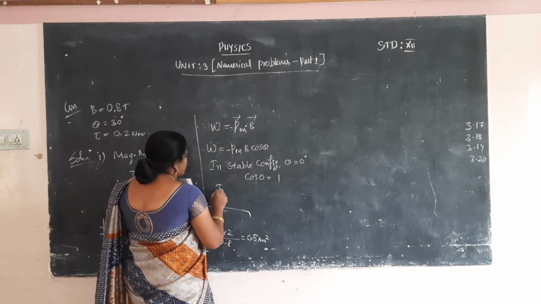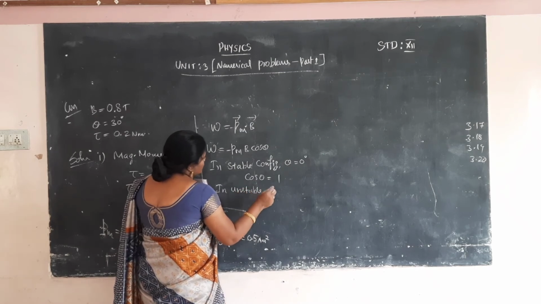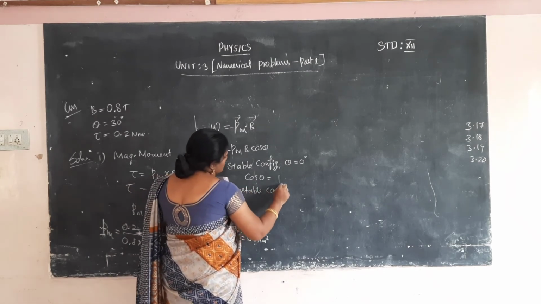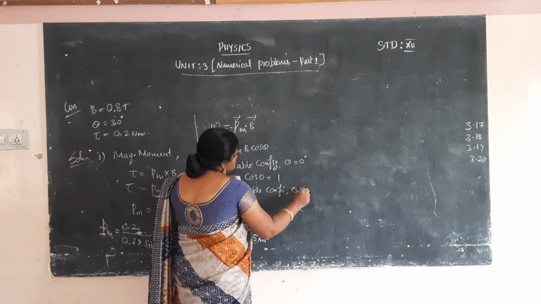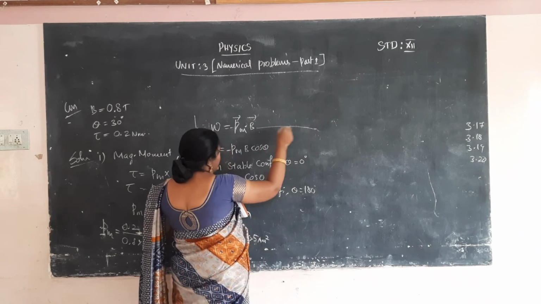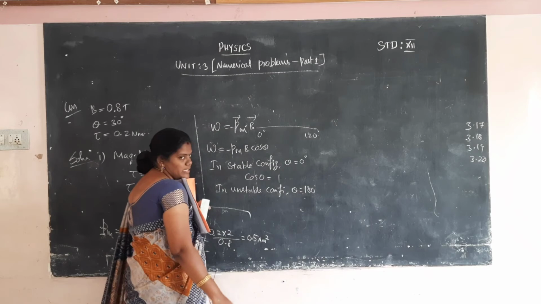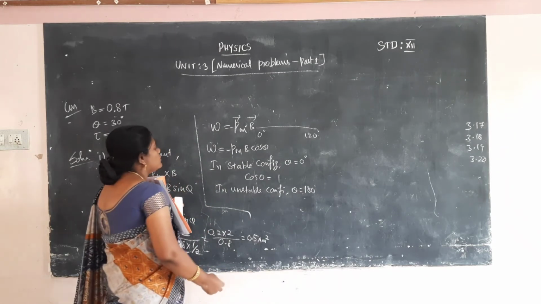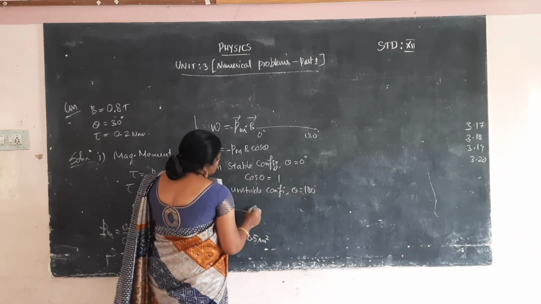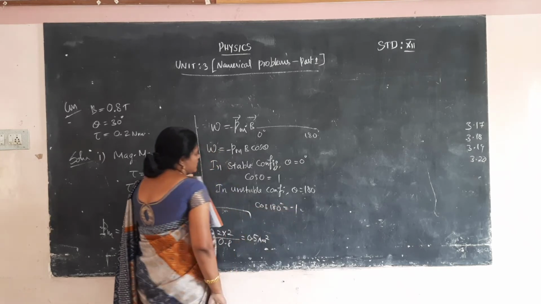In the unstable configuration, theta value is 180 degrees, because this is stable to unstable. This angle is 0, this angle is 180 degrees. Stable to unstable, so theta value is 180 degrees. So cos 180 is minus 1.